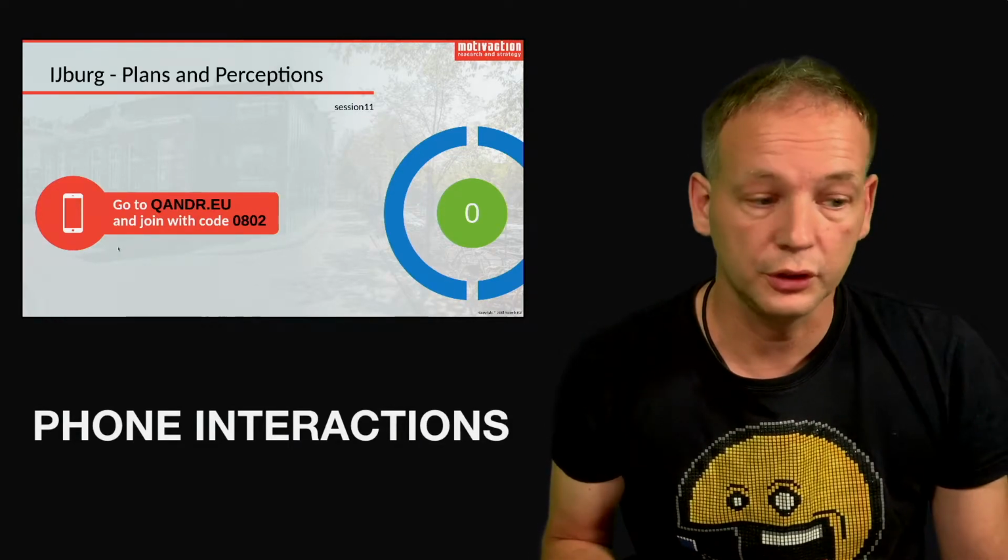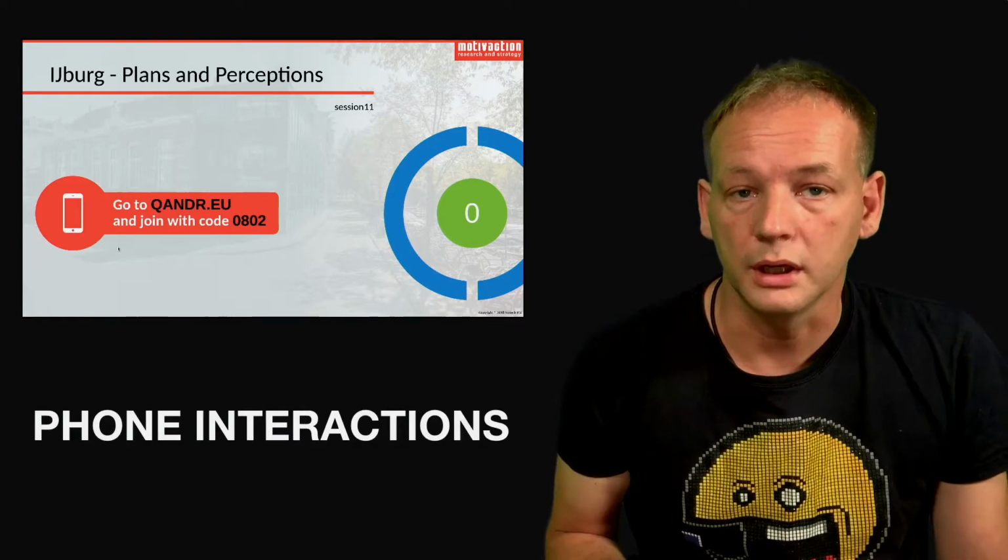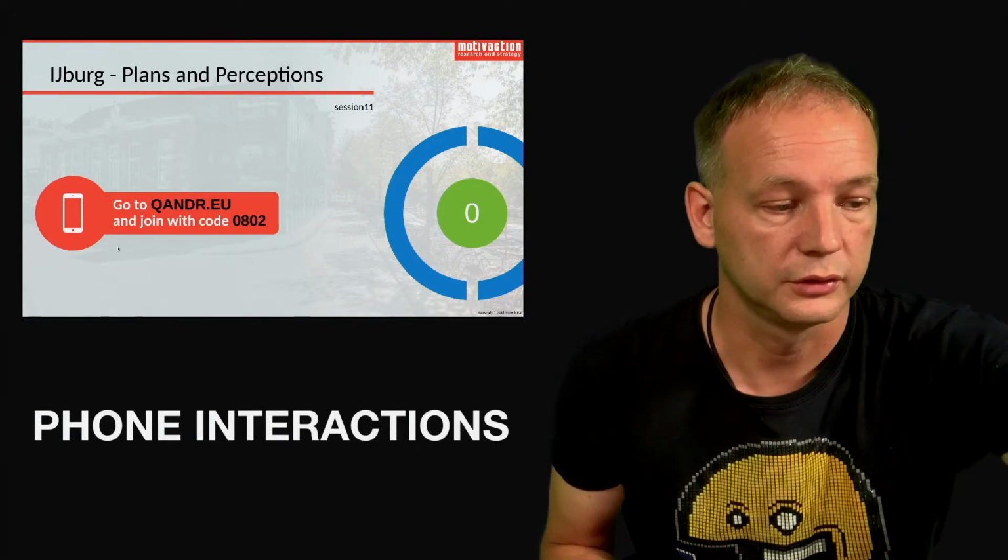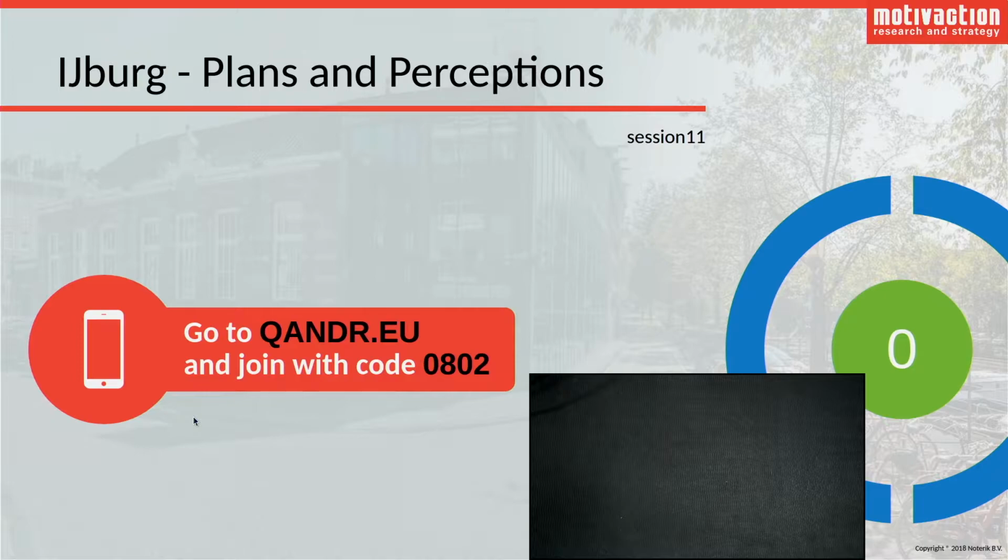So let me first show you how to log in as a respondent. For this I'll switch things a bit and show you my phone like this. First of all, it's very important that we don't want users to do anything complicated, so you don't have to install anything. You just go to QandR.eu, click Go, and you immediately get a huge keypad.